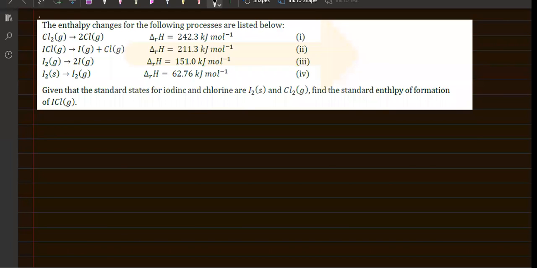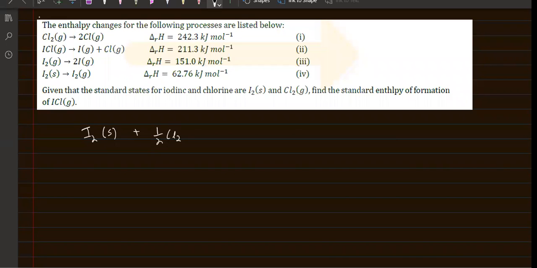Given that, find enthalpy of formation of ICl. So write down the reaction of enthalpy of formation of ICl, which is this: I2, in elementary form, I2 exists in solid form, okay, plus Cl2. So it will be half Cl2, right?